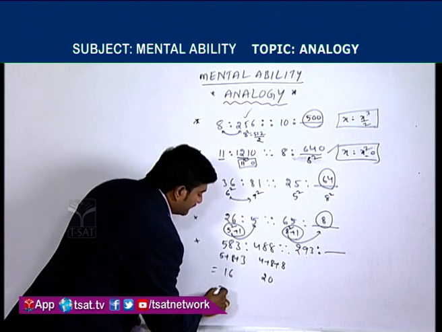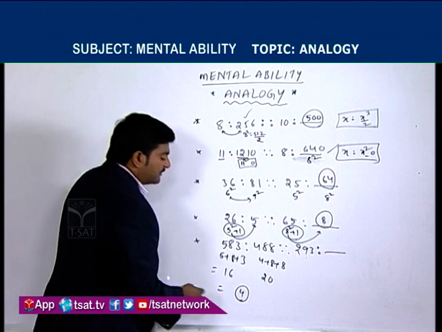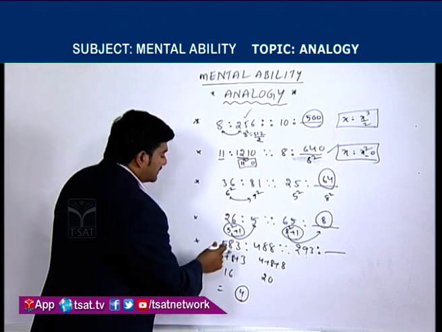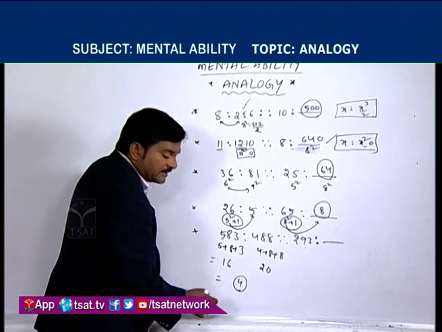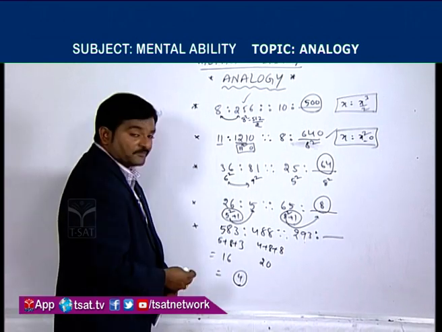What is the difference between these two numbers? The difference is 4. The sum of the digits is 16 here and 20 there, so the gap is 4.